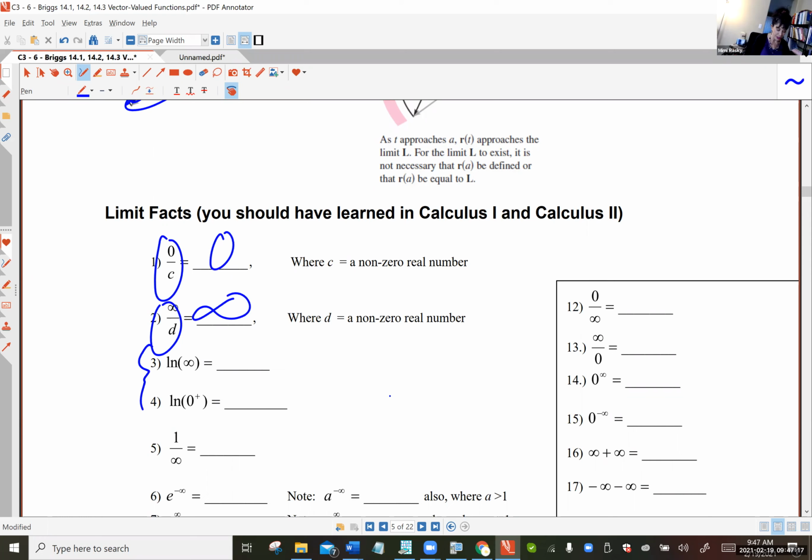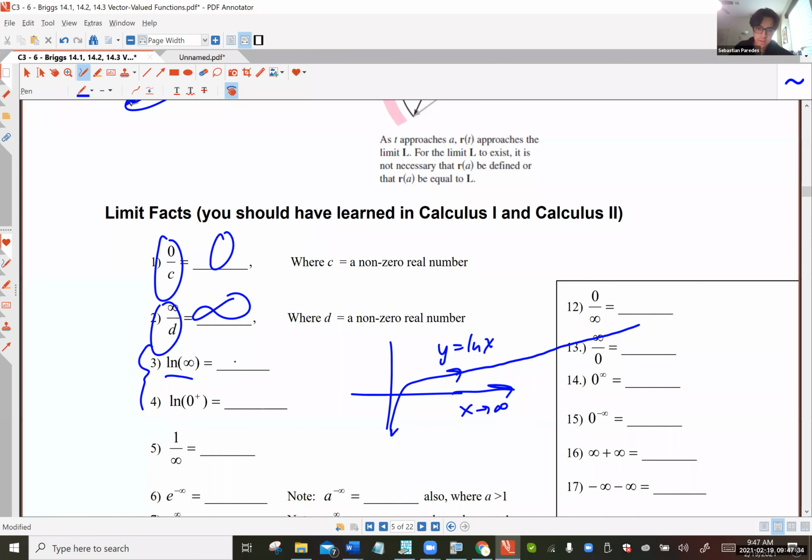Now we're going to do two that have to do with the ln. I'll graph ln of x if that makes it easier for you. If x approaches infinity, then you're basically looking at what is ln infinity. Still infinity, no? Yeah, it blows up. How about ln of 0 from the right?